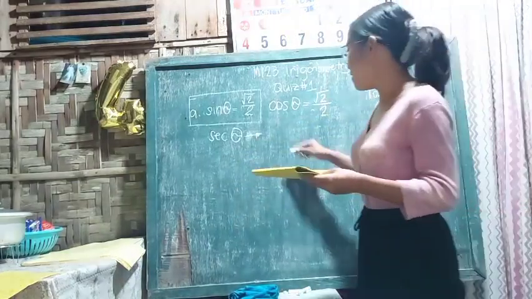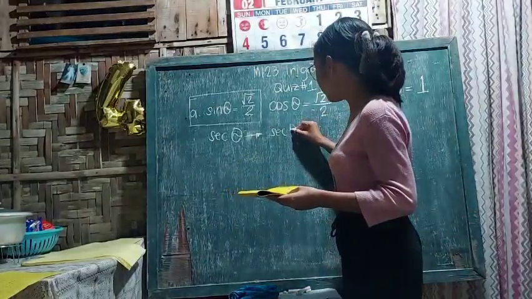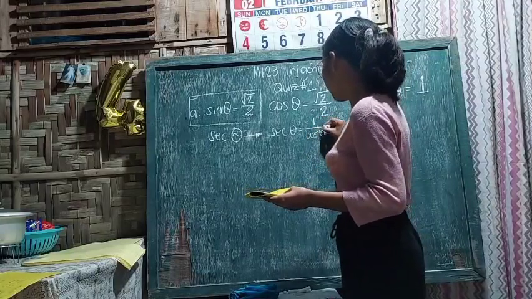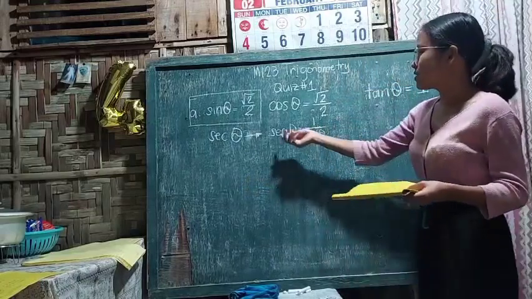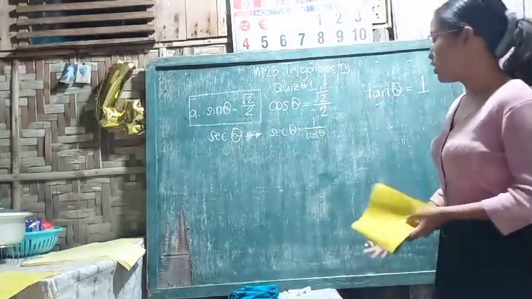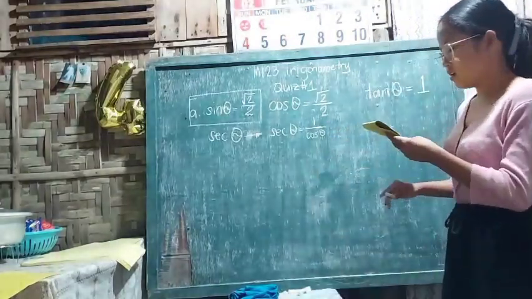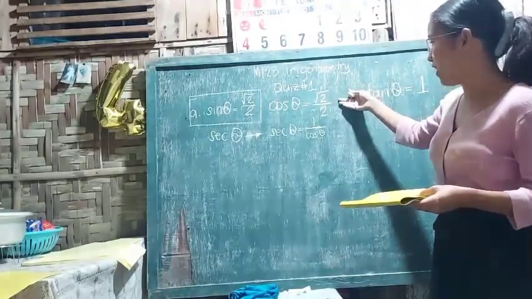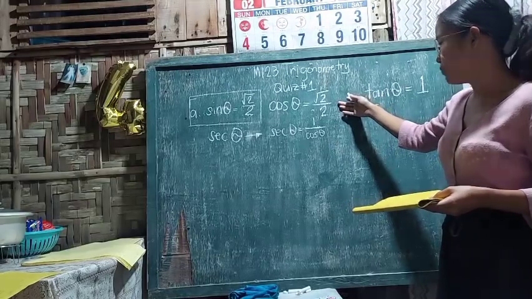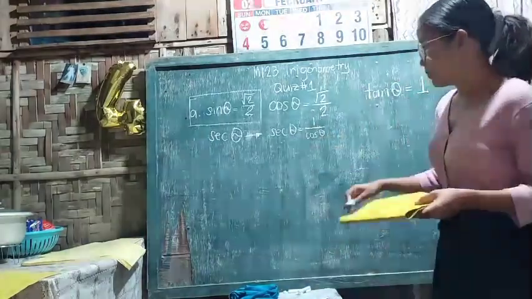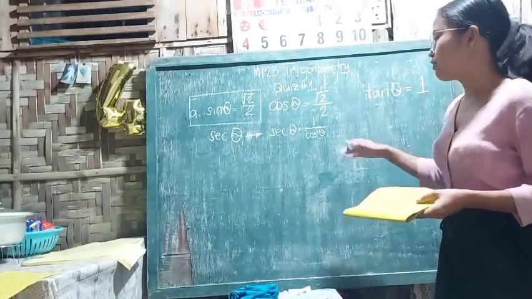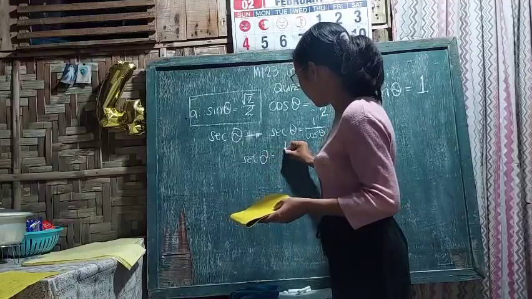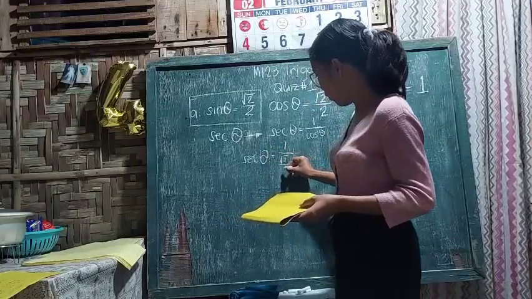The reciprocal identity would be secant theta is equal to 1 over cosine theta, since we need to remember that secant is the reciprocal of the cosine. Now that we have our value of the cosine theta here, let us substitute our values. Secant theta is equal to 1 over square root of 2 over 2.